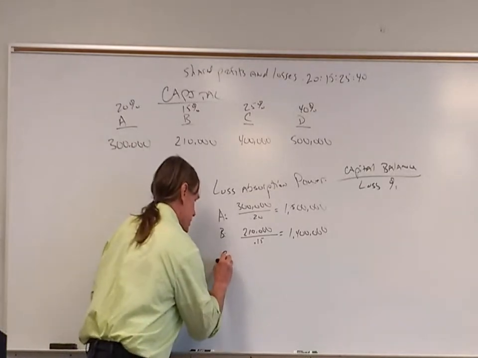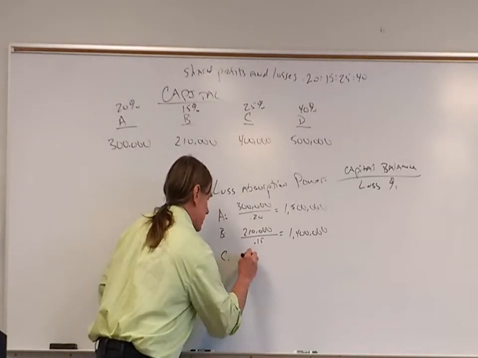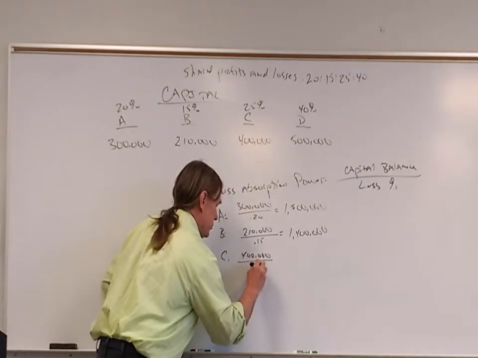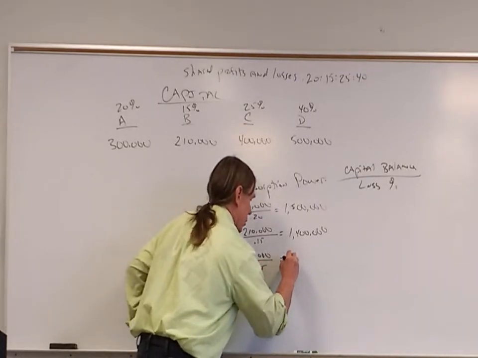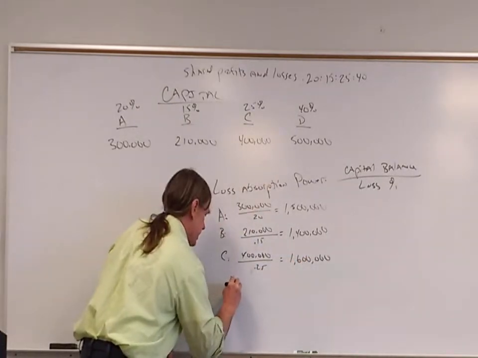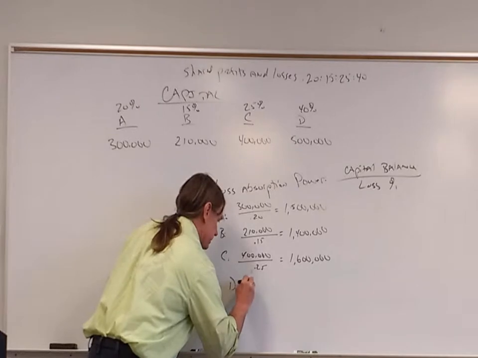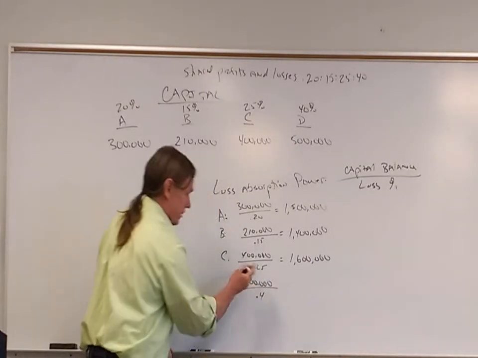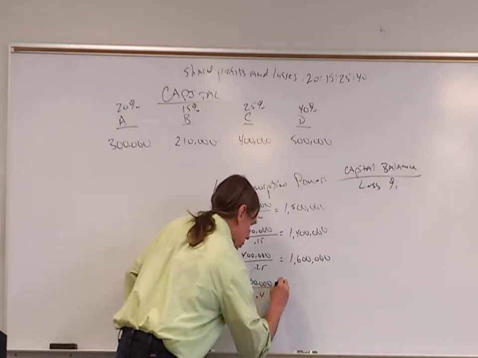Likewise for partner C, $400,000 divided by 0.25 is 1.6 million. And then finally partner D, $500,000 divided by 0.4, or $500,000 times 2.5, is $1,250,000.